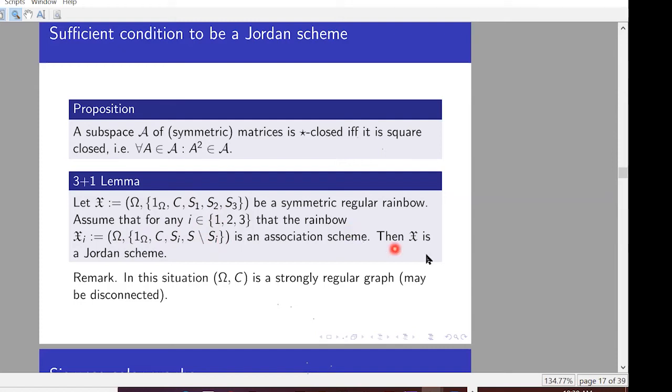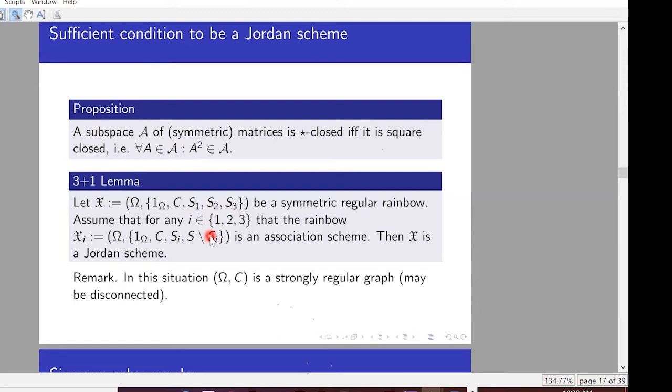Then your rank 5 rainbow is a Jordan scheme. You can prove that by applying this proposition and the fact that all basic graphs here are regular.